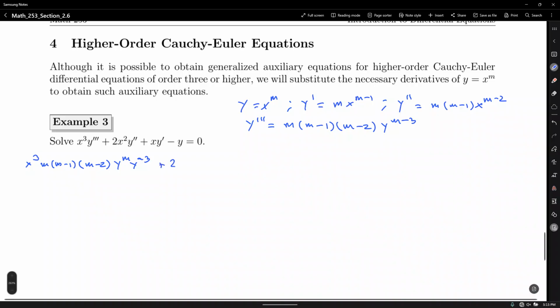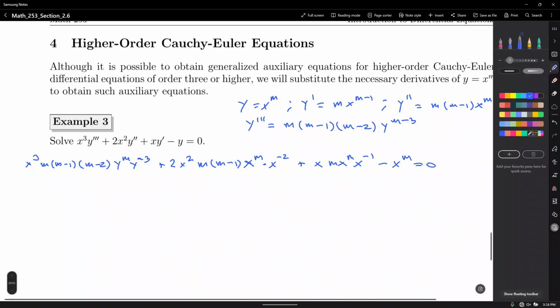Plus 2x squared times m times m minus 1, x to the m times x to the negative 2, using laws of exponents. What's next? Plus x times m times x to the m minus 1. I'd rather write this as m x to the m times x to the negative 1. And lastly, minus y, which is minus x to the m.